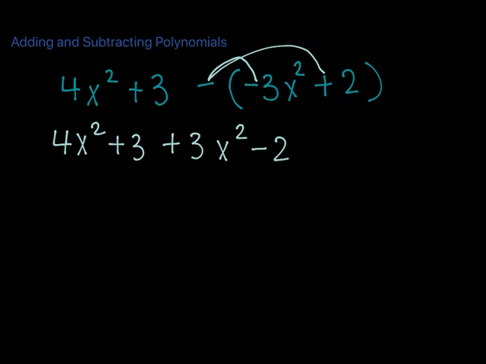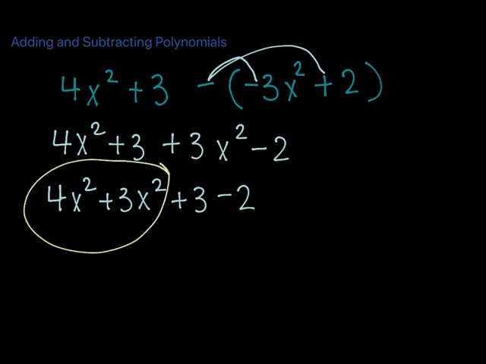And now, since we have it in a standard form, we can put the like terms together, so we can rewrite it as 4x squared plus 3x squared plus 3 minus 2. So we have the x squared terms next to each other and the constant terms next to each other. In this case, we don't have any terms in x or xy or anything else, so we don't have to worry about that.